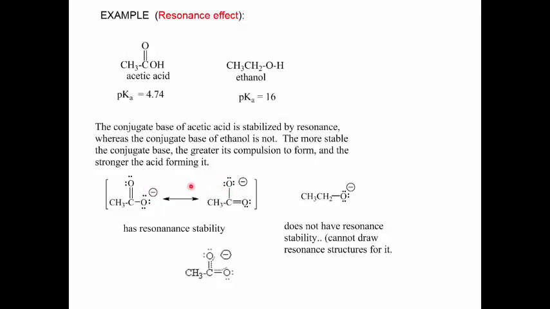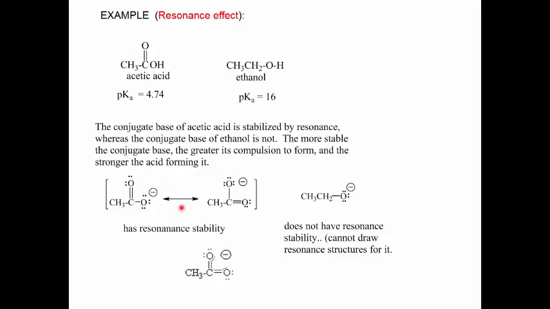When you can draw resonance structures, that means that the species has delocalization of electrons and charge. You can't draw resonance structures for the conjugate base from ethanol. It's pretty much stuck. But acetic acid has two resonance structures that we can draw, and that tells us that the conjugate base of acetic acid has resonance stability.